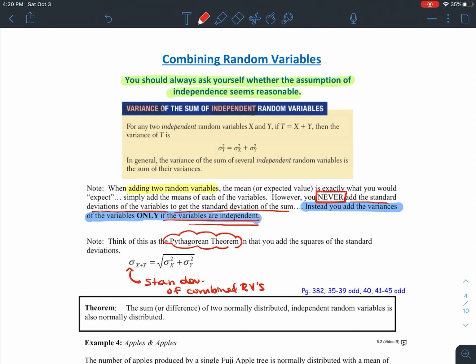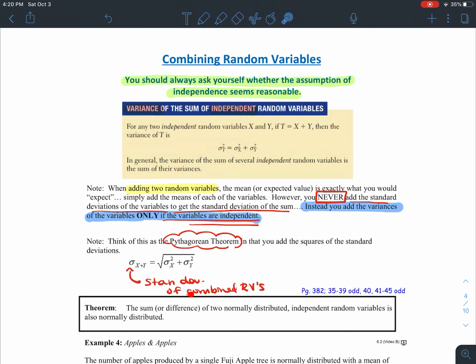And I want you to just think of this as the Pythagorean theorem. Okay, what this represents is the standard deviation of the combined random variables. Okay, but you're not going to add the standard deviations of the two separate random variables together. Instead, what you're going to do is you're going to square the standard deviation of random variable X, which makes it the variance.